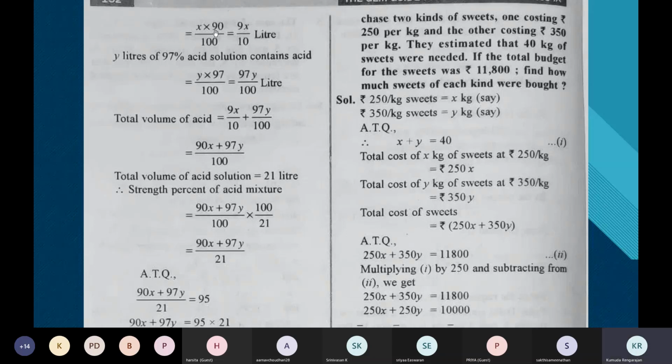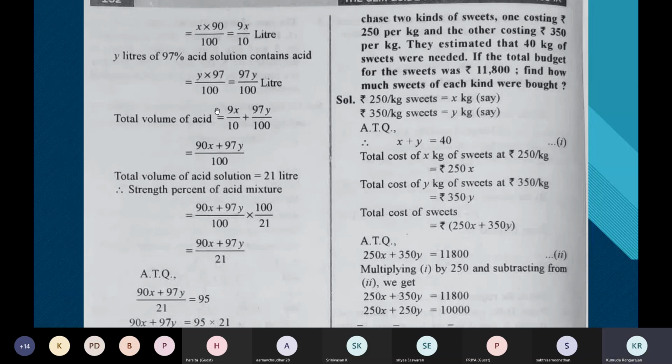You don't need to simplify the 100 either. You can keep this as 90x by 100 and this one as 97y by 100, which will be equal to 95 by 100 into 21. So you can cancel out all the hundreds in the denominator. I hope we understood.